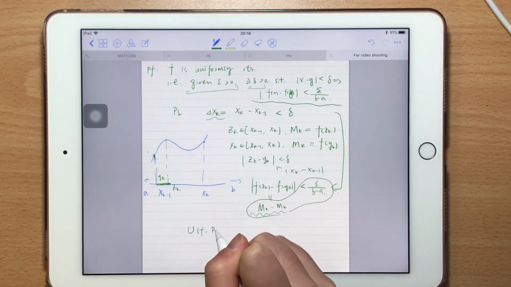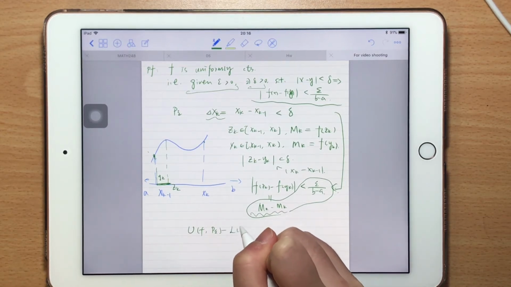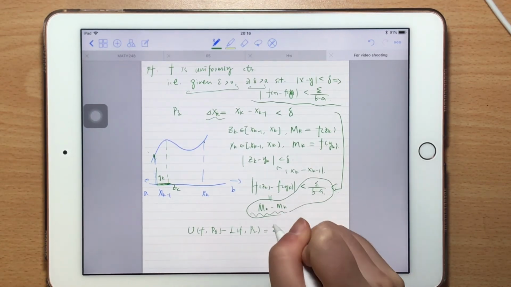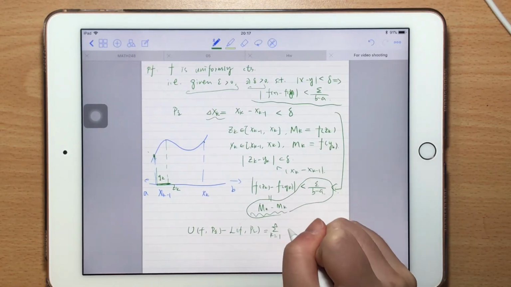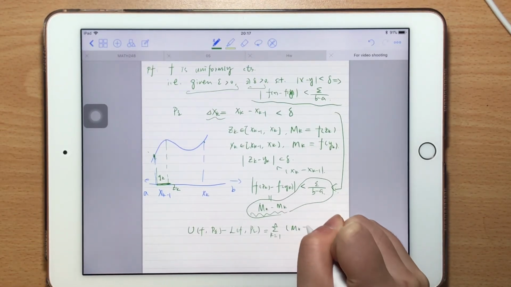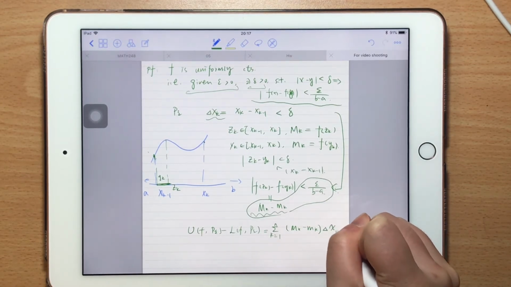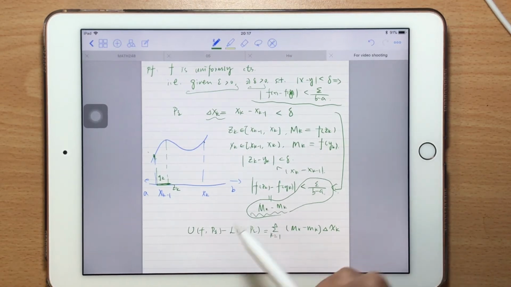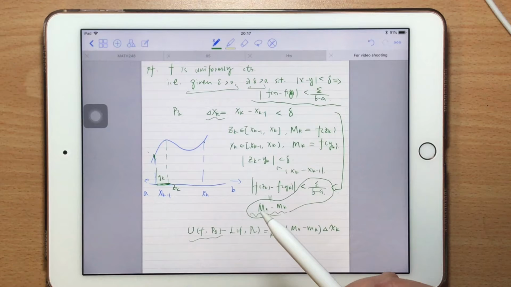And finally, when we take U(f, P epsilon) minus L(f, P epsilon), by definition, we will have the sum from 1 to n of capital Mk minus small mk times delta xk, because this is the way we define the upper and the lower sum.